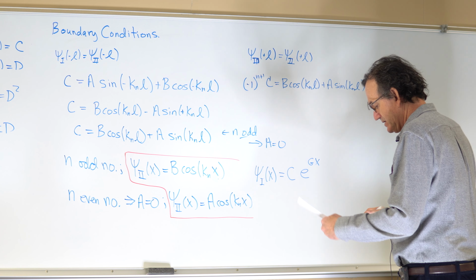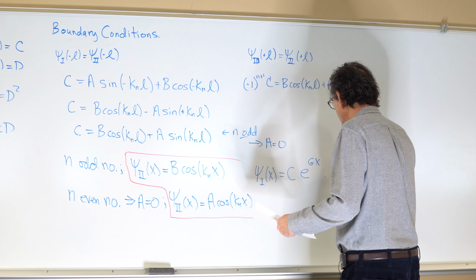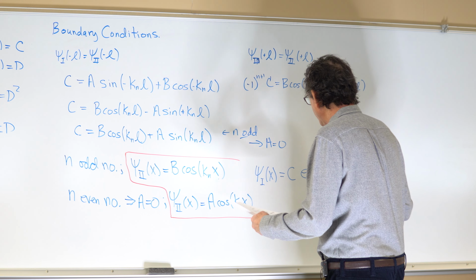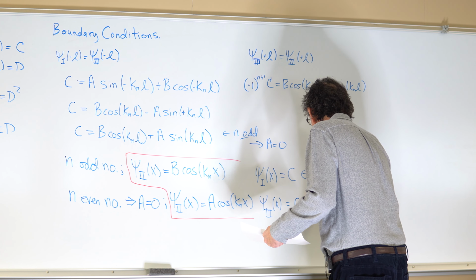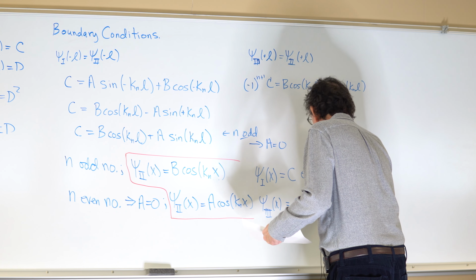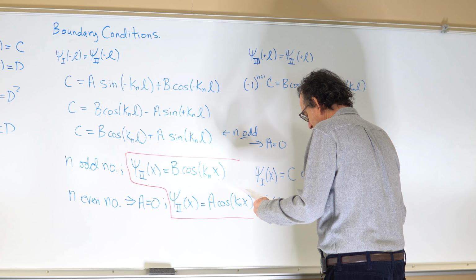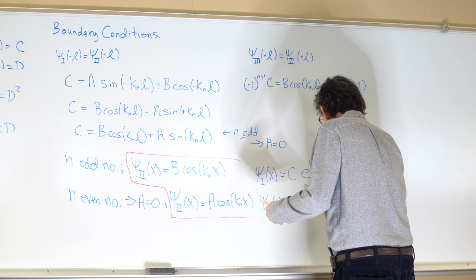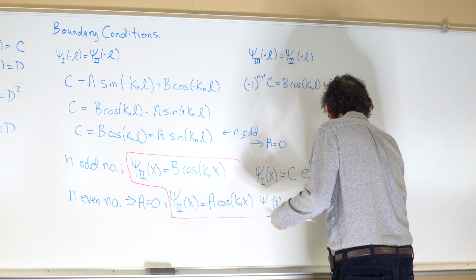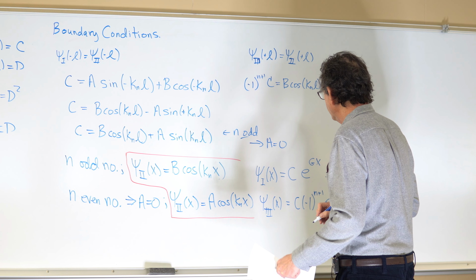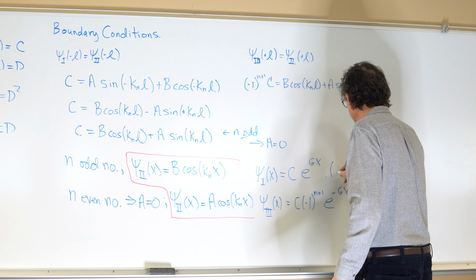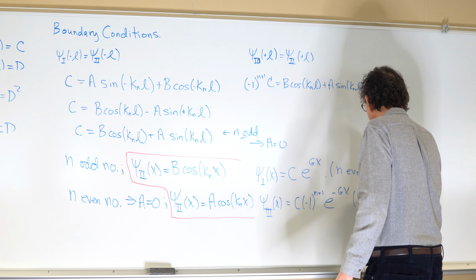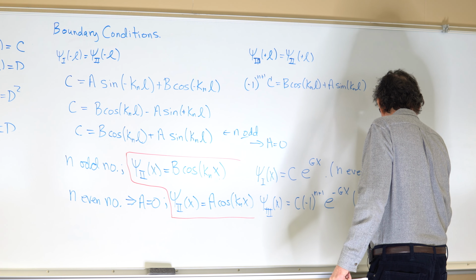And in region 3, this is equal to C times minus 1 to the n plus 1 times e to the minus gx. By the way, these are generally true for n even and n odd.